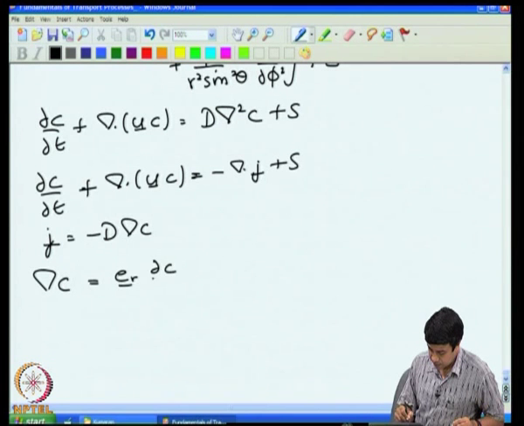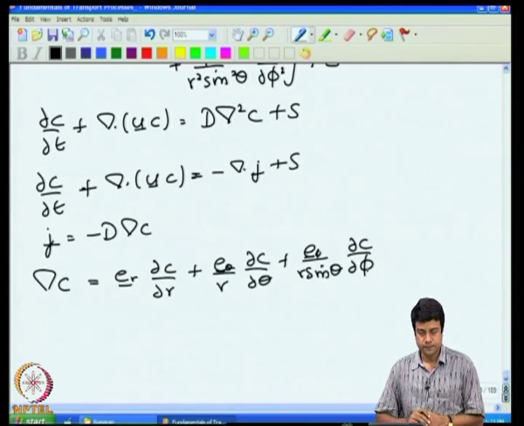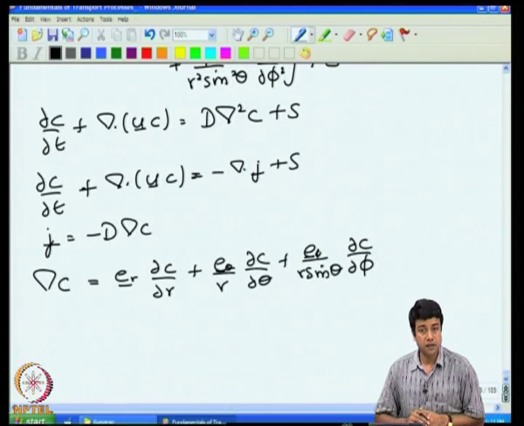Grad c is equal to E r times partial c by partial r plus E theta by r partial c by partial theta plus E phi by r sin theta partial c by partial phi. This is the gradient operator.